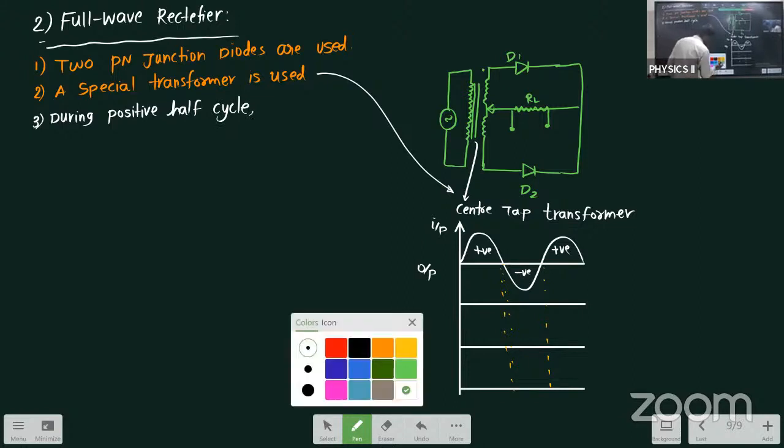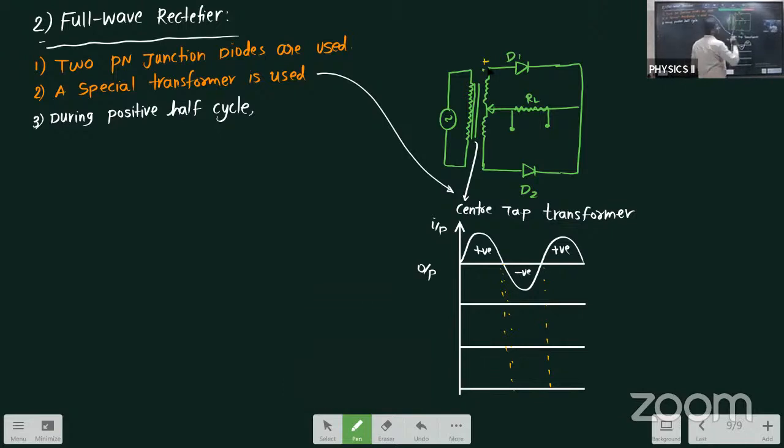Everyone carefully see here. During positive half cycle, what will happen is that this terminal will become positive and this terminal will become negative. And for this particular region, this will become positive and this will become negative. See here, we are getting two loops here. This one is becoming positive, this is becoming negative, and here it is becoming positive and here it is becoming negative.